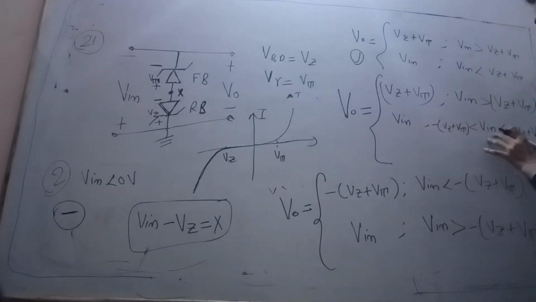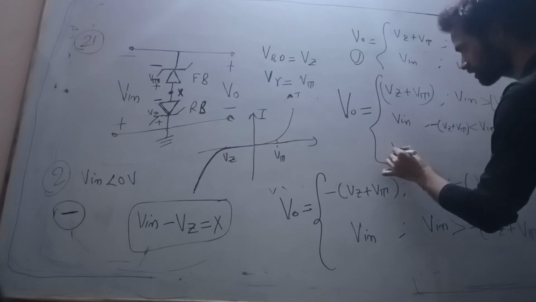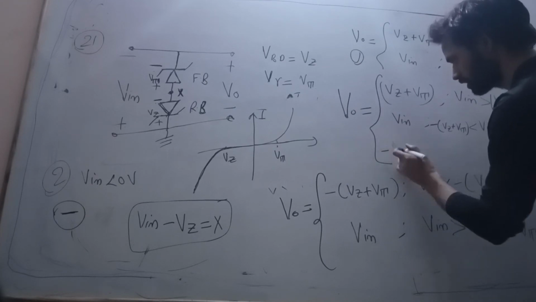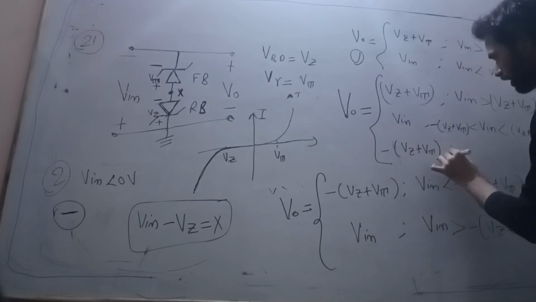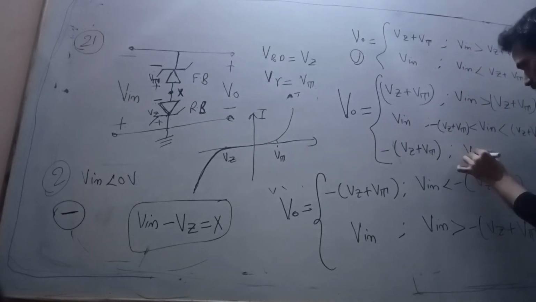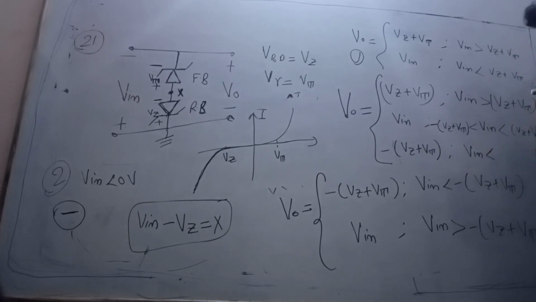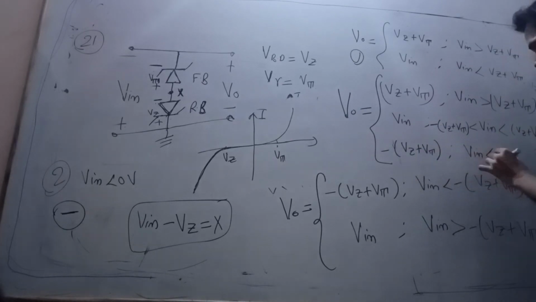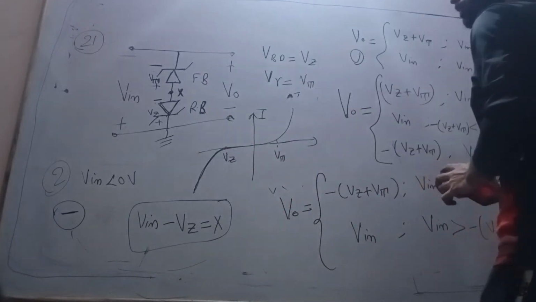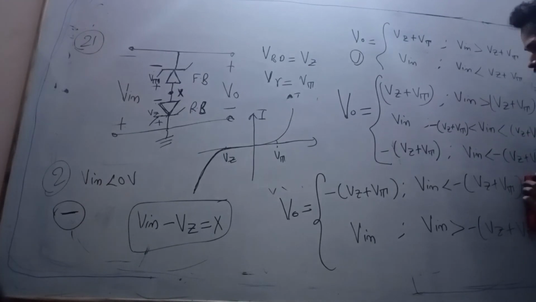So this is for minus Vz plus Vt to Vz plus Vt. And it is minus Vz plus Vt when V in is less than minus Vz plus Vt. Yes, so this is the overall conclusion for this circuit of given voltage regulators.